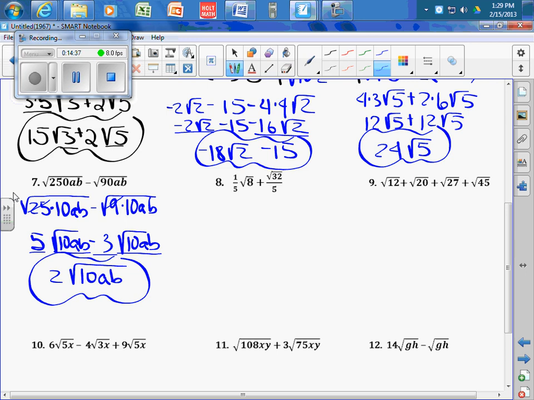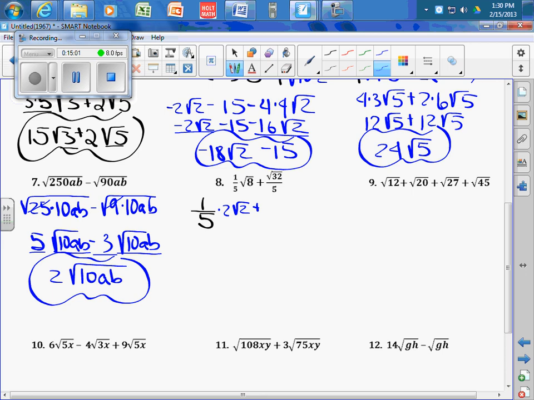Oh my, number 8, we have fractions, dear me. Well, it helps, like I've been saying all along, to write down the entire problem. Bring down the 1/5 and simplify radical 8. We've done that. 2 radical 2. Plus radical 32. Let's see now, what would that be?